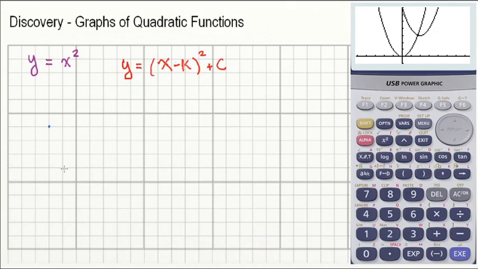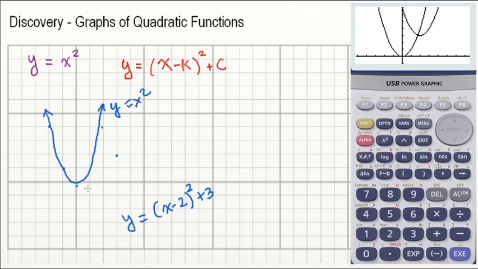So in a more general way, let's say this is our quadratic, and this could be just simply y equals x squared. And if we have a function which is x minus 2, plus 3, squared, we are shifting this 2 units right, 3 units up, and that's where our new graph would be.